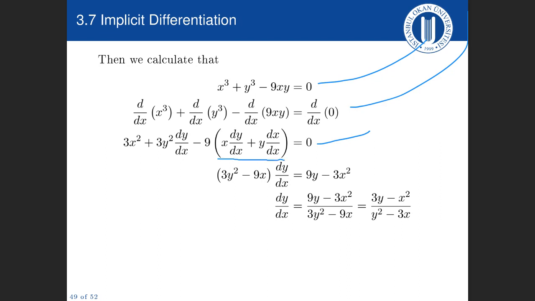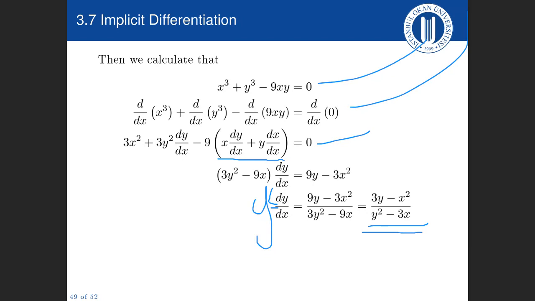So that's product rule, because we have function multiplied by function: x dy/dx plus y dx/dx. After rearranging that, we get our formula for dy/dx, or y prime if you prefer: (3y minus x squared) divided by (y squared minus 3x).